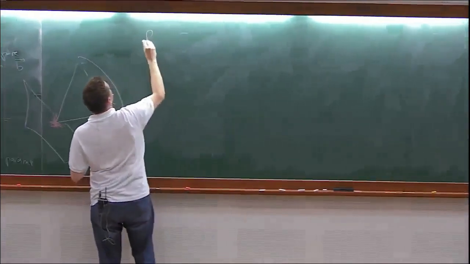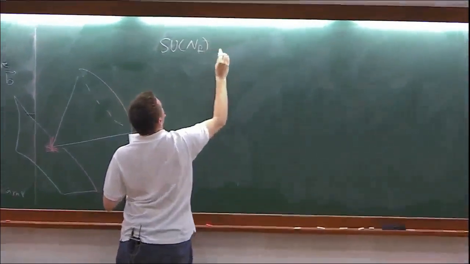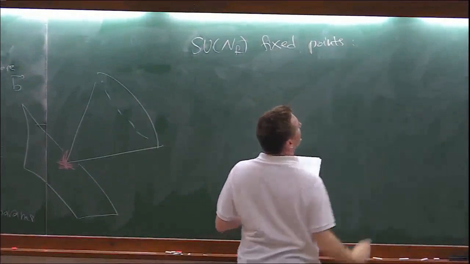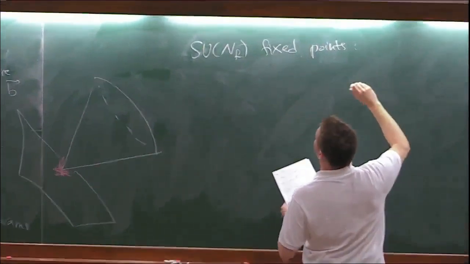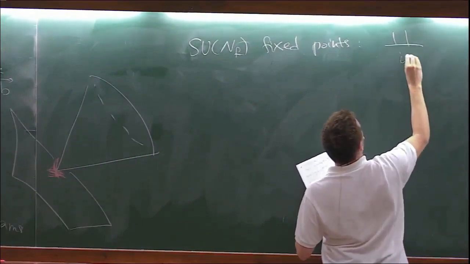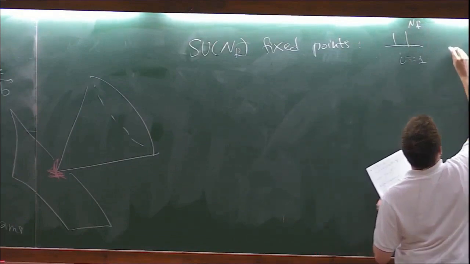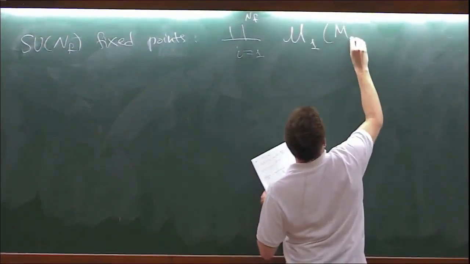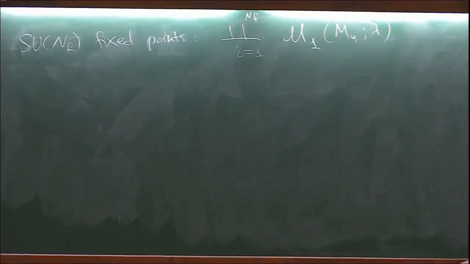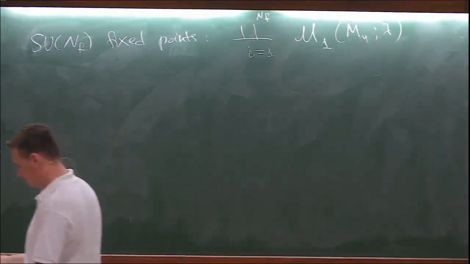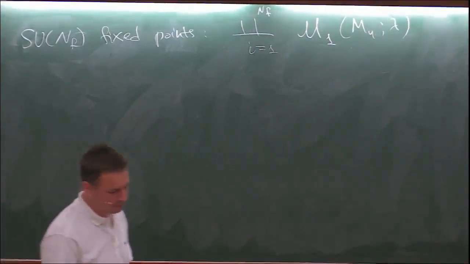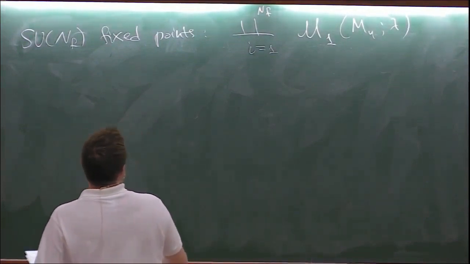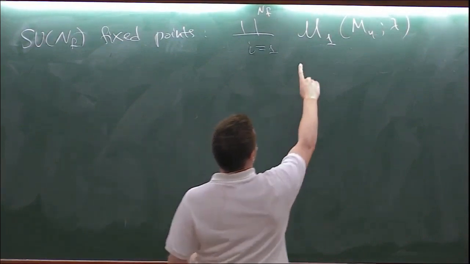So the SU(n_f) fixed points correspond to a disjoint union, over i running from 1 up to n_f, of single-monopole, the usual Seiberg-Witten, moduli spaces of the type M4 lambda, and as we discussed a moment ago, they are compact.